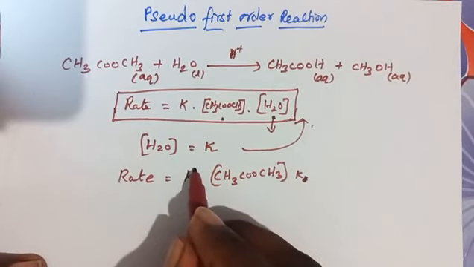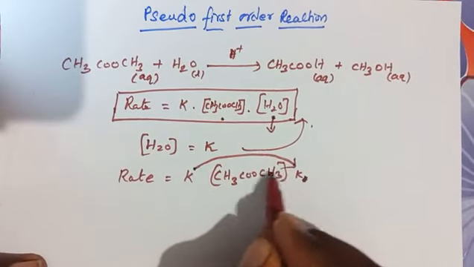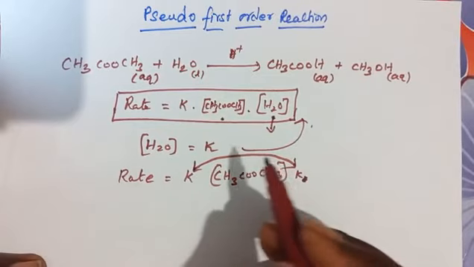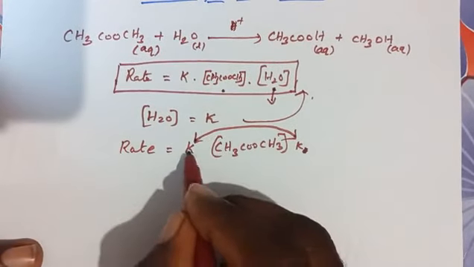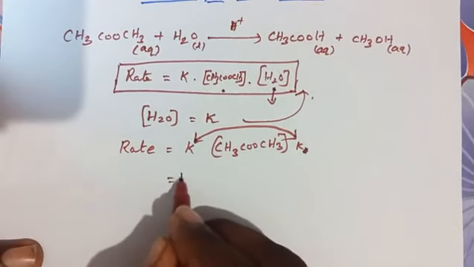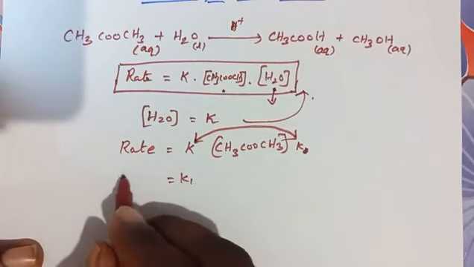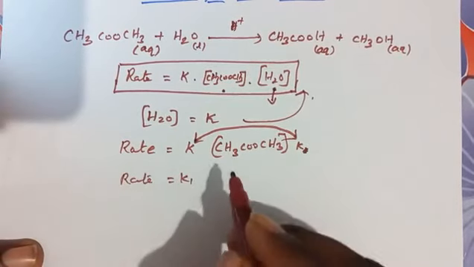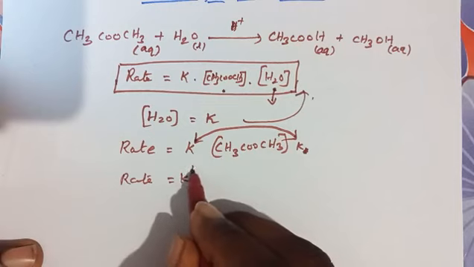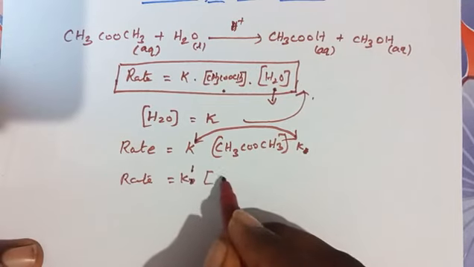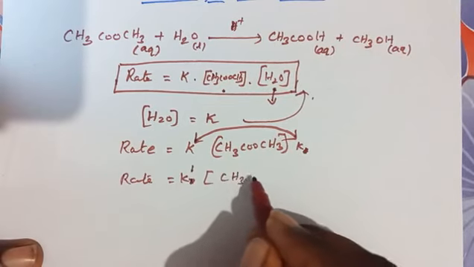When we multiply two constant values, they produce one more new constant, so K into K produces K dash. So the rate of the above reaction is equal to K dash into concentration of ester.